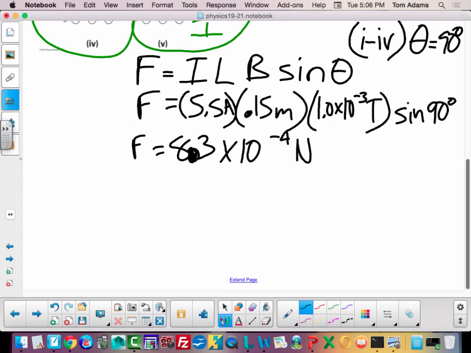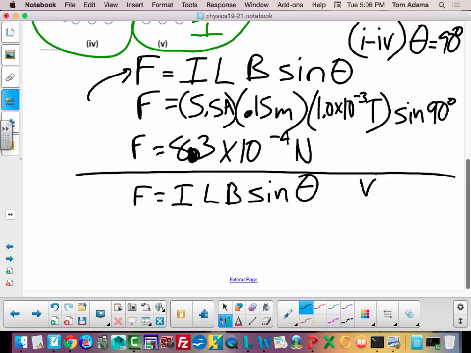For case number 5, or V, theta would be equal to 0 degrees.